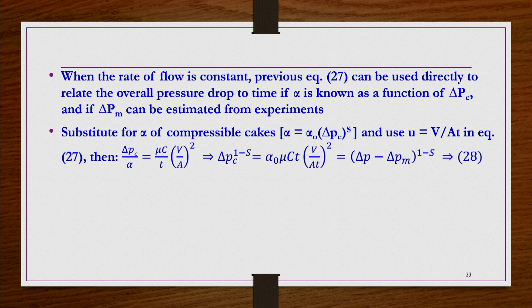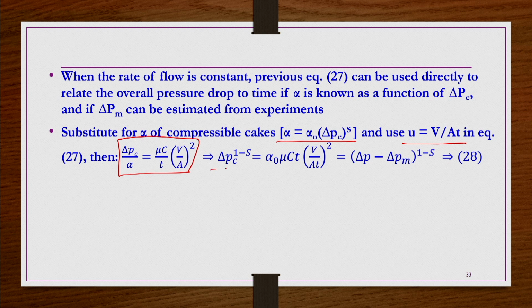So, in the above equation substitute alpha is equal to alpha naught delta pc power s and use u is equal to V by At in equation number 27. So, here in place of alpha, you write alpha naught delta pc power s, and in place of V by At you write u. Then you get this equation.